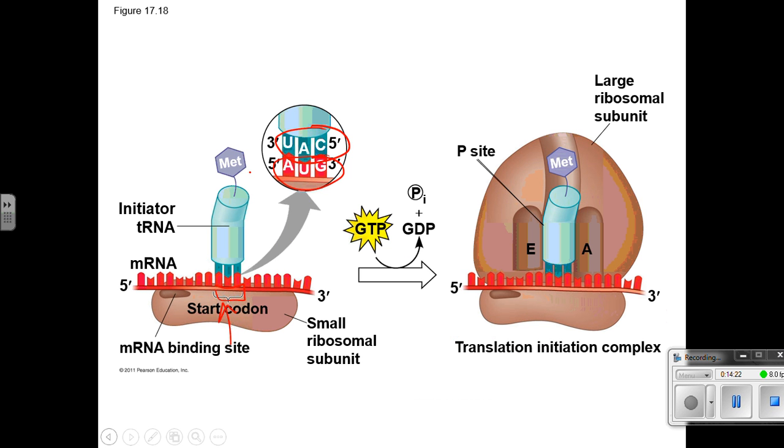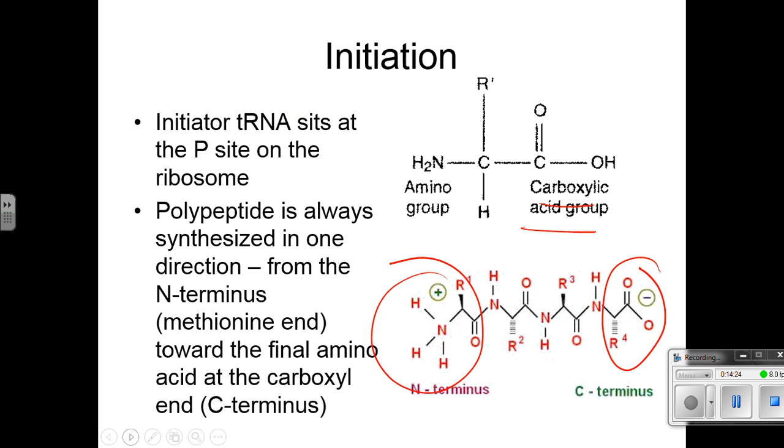But we all know, based on our chemistry knowledge, that amino acids are actually made out of a carbon, a hydrogen, an R group, which is different in all of them, an amino group, and a carboxyl group. And so this is going to be N-terminus, C-terminus. All the amino acids are going to be in that order: N on one, C on the other, starting with N and ending with C.